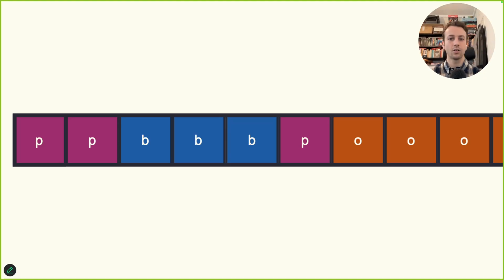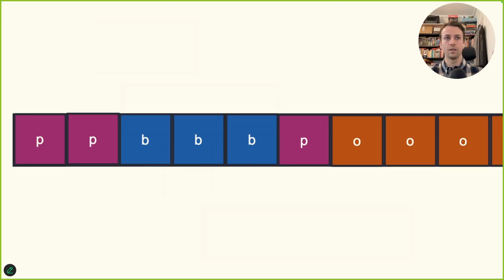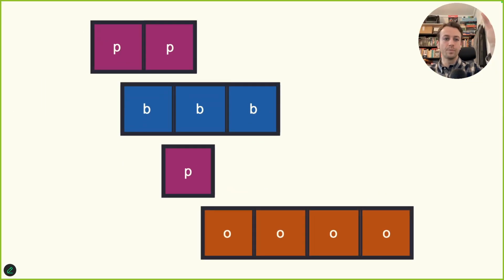And let's say that the color and the letter here represent the result of that key. So the first two elements were pink or magenta, and then the next three are blue, and then the next one is again pink or magenta, and the next four are orange and whatever. So you take the key, you apply it to all of the iterables, and then groupby will return the groups by the key.